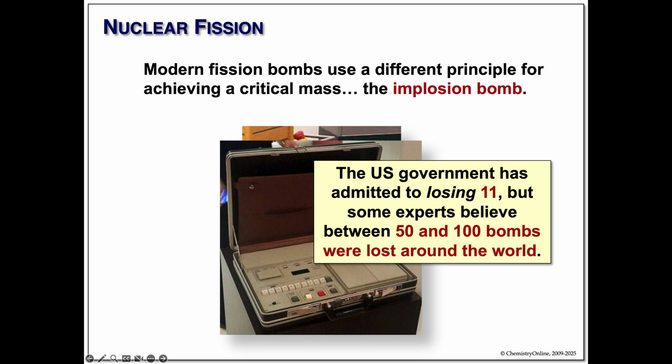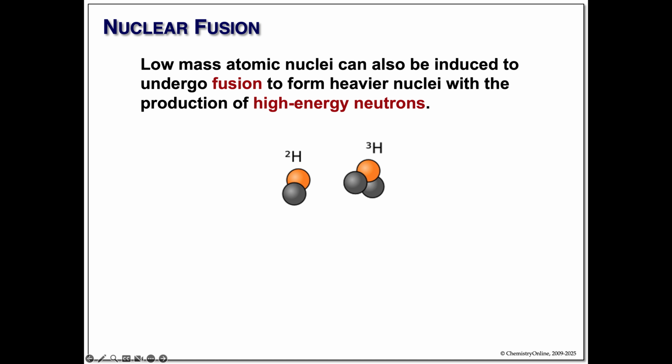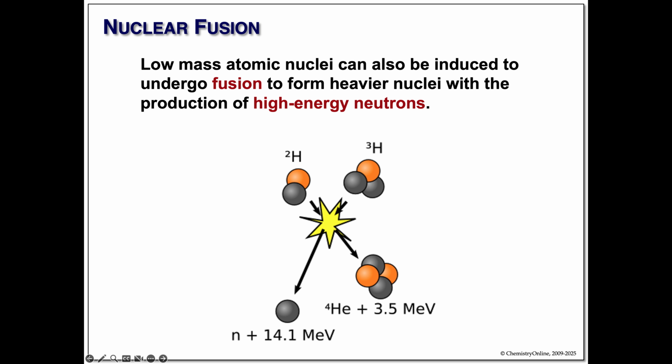So, fusion. Fusion is the other way to get energy out of atoms. Basically, this is deuterium and tritium, hydrogen isotopes. If you take these and you squeeze them together very, very tightly, you get fusion to make helium, and you get energy.